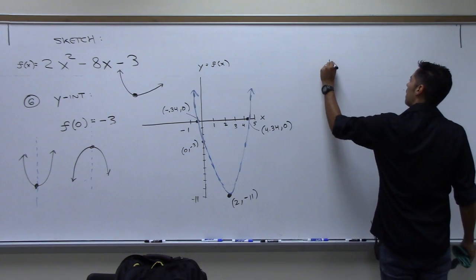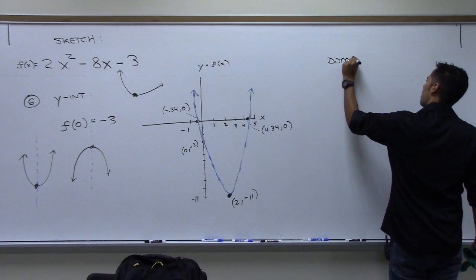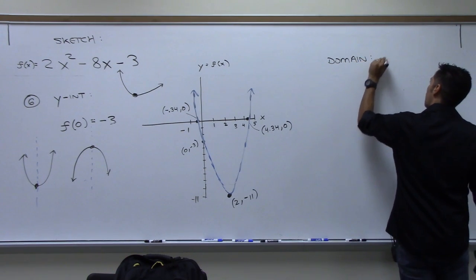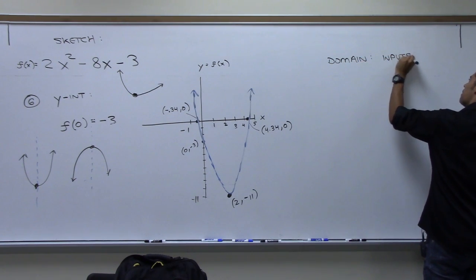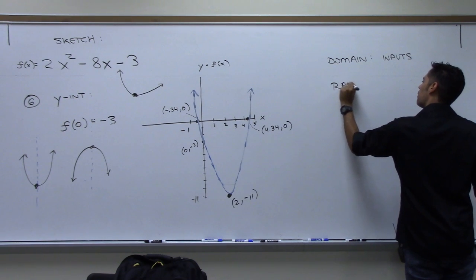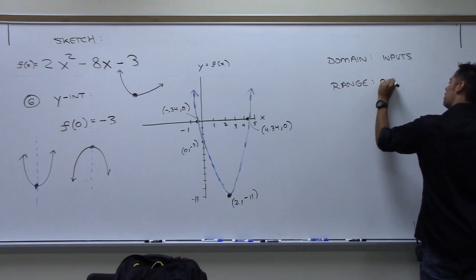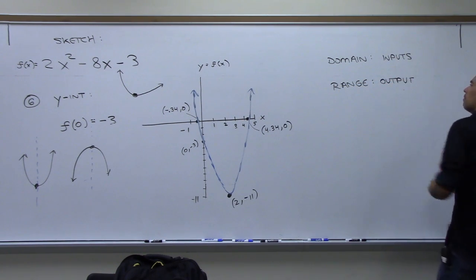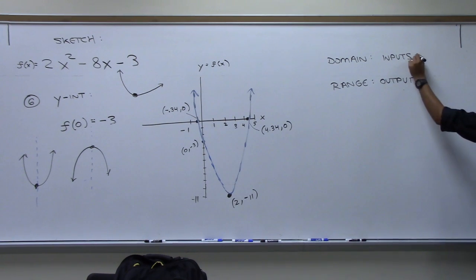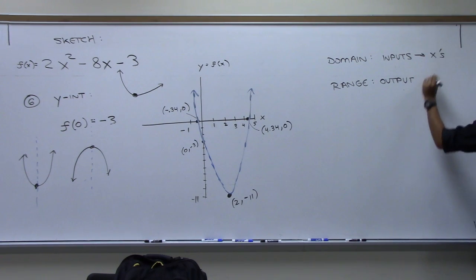Okay, if you go back to when we first started talking about functions, domain are the inputs and range are the outputs. These are the x's, these are the y's.